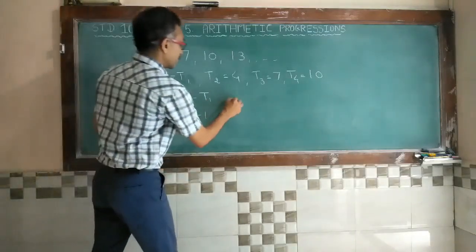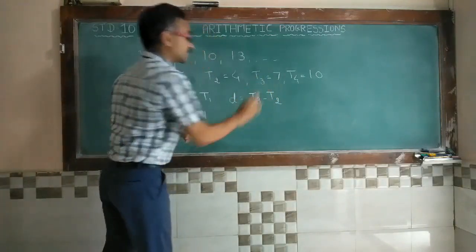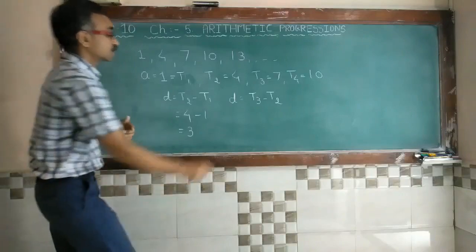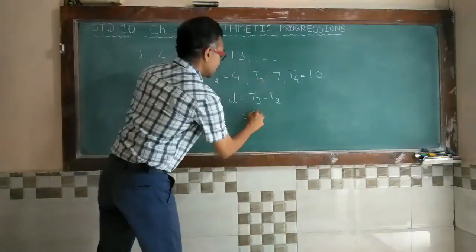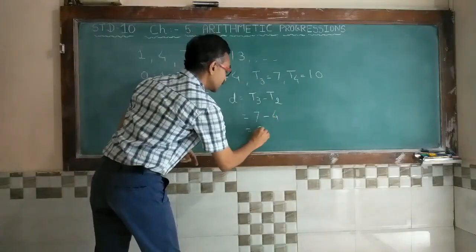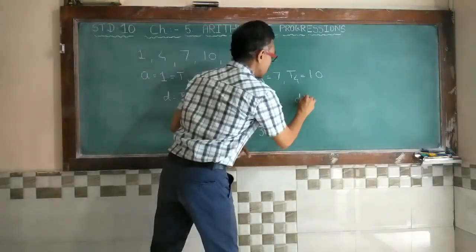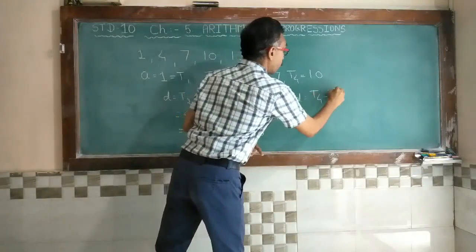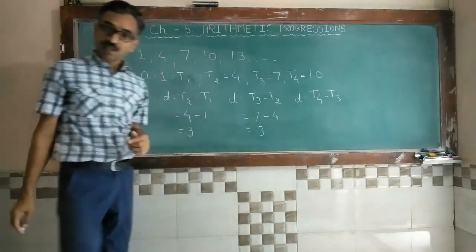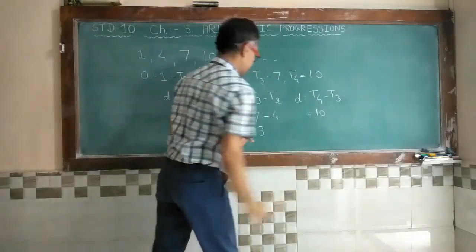Again see here, d is equal to, suppose t3 minus t2. What is t3? 7. t2 is 4, that is 3. Again suppose d is equal to fourth term minus third term. What is the fourth term? That is 10.